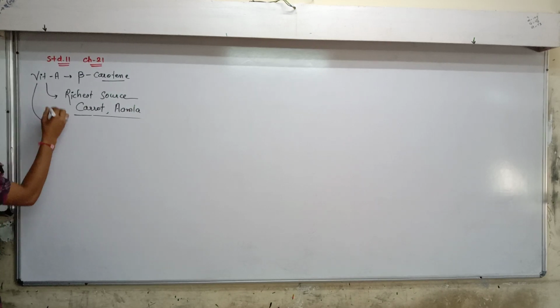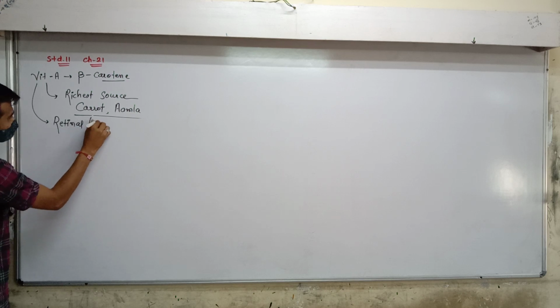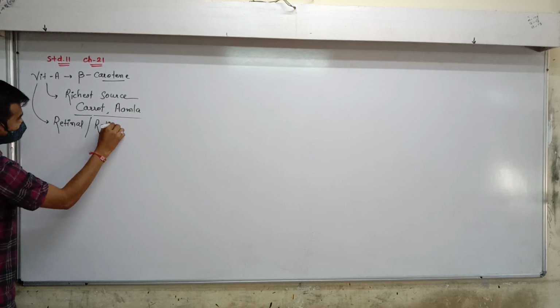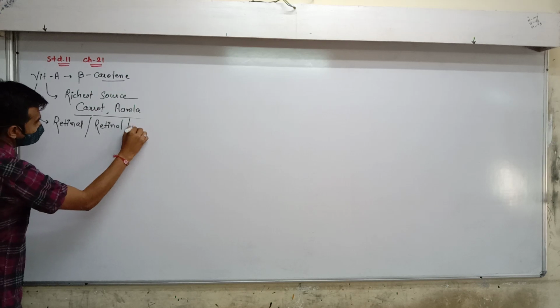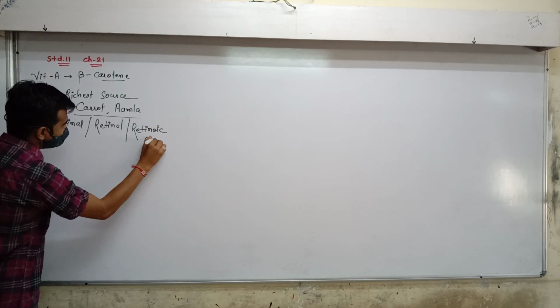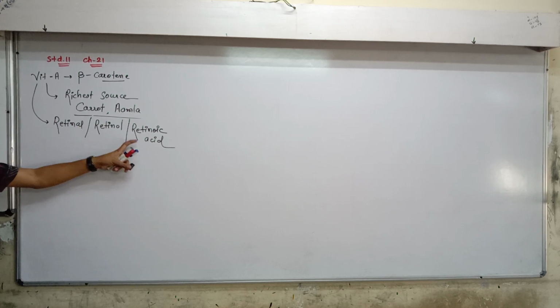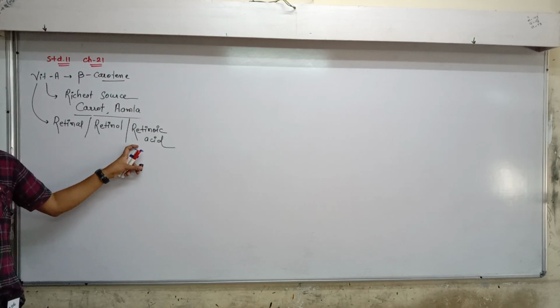Vitamin A is also known as retinal or retinol or retinoic acid. Nal is aldehyde, nol is alcohol, and oic acid is carboxylic acid.